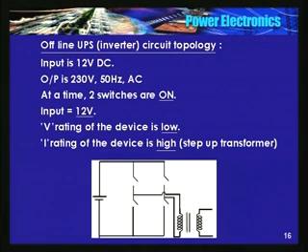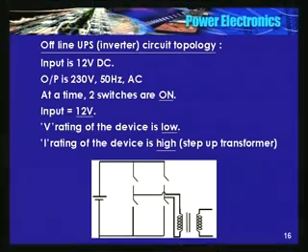The moment AC supply goes, after a fraction of a second or so, the inverter comes in. So that's why I'm calling it an offline UPS. What is the input there? A 12 volts battery. What is the output that is required? It's 230 volts 50 hertz AC.